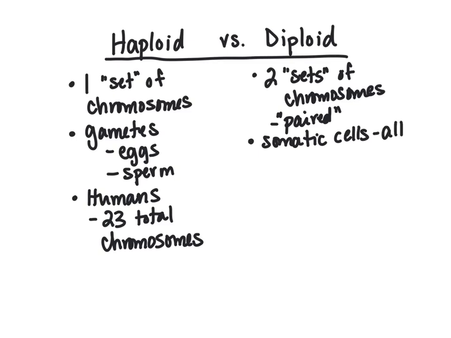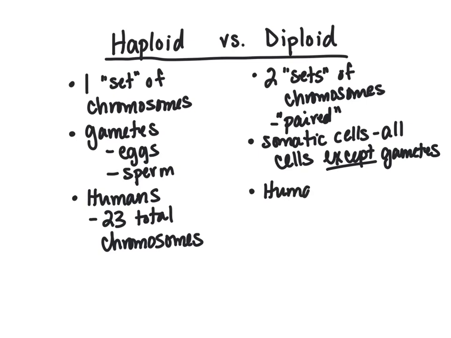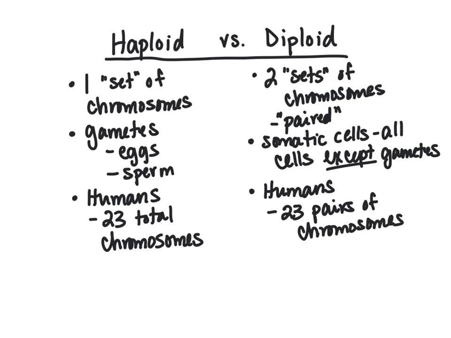So in humans, these diploid cells would have 23 pairs of chromosomes, which is the same thing as saying that there are 46 total chromosomes.